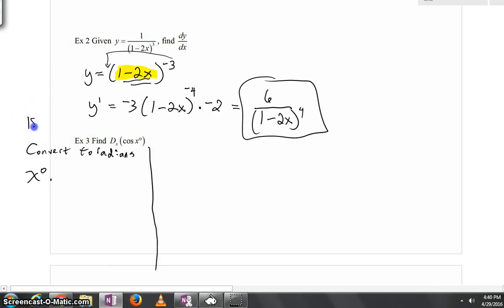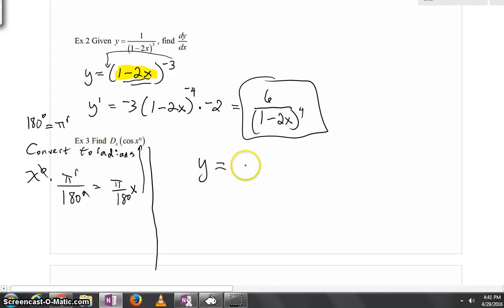We know that 180 degrees would equal pi radians. Even put a little r up there. We need to put our degrees down below to get them to cancel out. And when you do that, you will be left with pi over 180 times x, and that's in radians. That's the inside of our function.